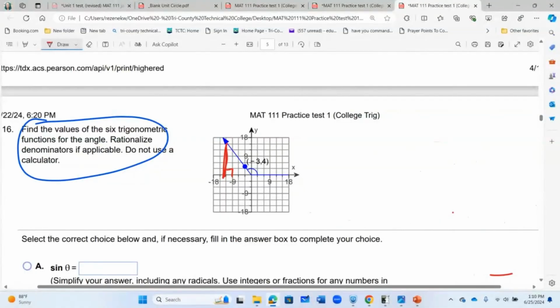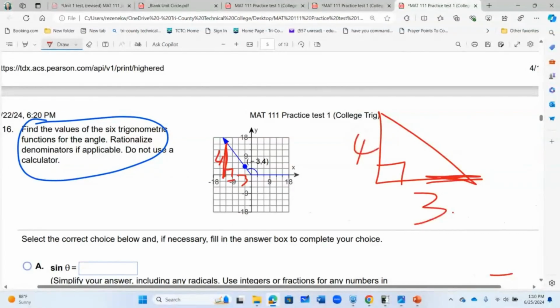Of course, you know that this is -3, and that's for the direction, not for the triangle, and this is 4. I like to bring this triangle out, and I'm not going to put negative, because I want to make sure nobody thinks that a right triangle side is negative. So this is 3, this is 4. I know that only sine and cosecant are negative in the second quadrant, so I'm not worried about remembering.